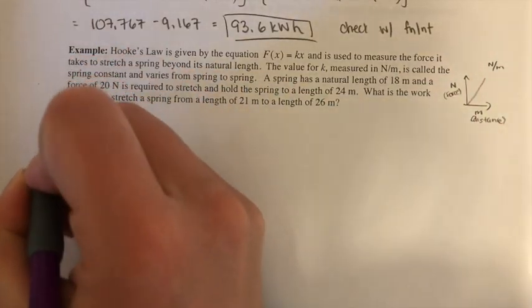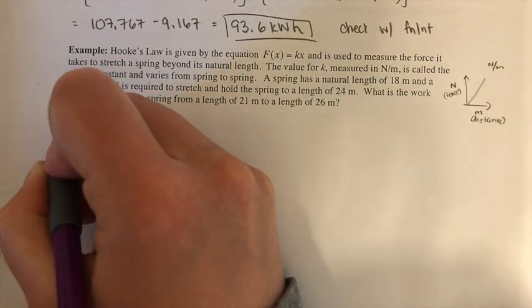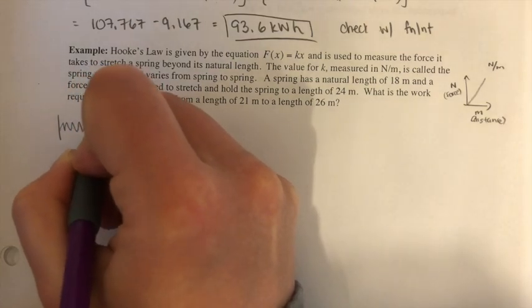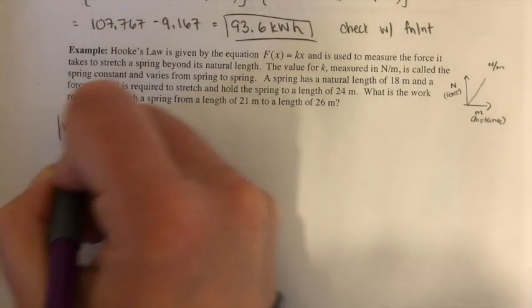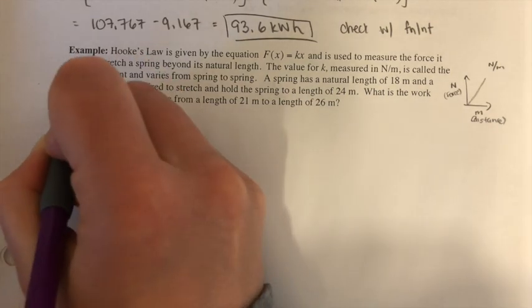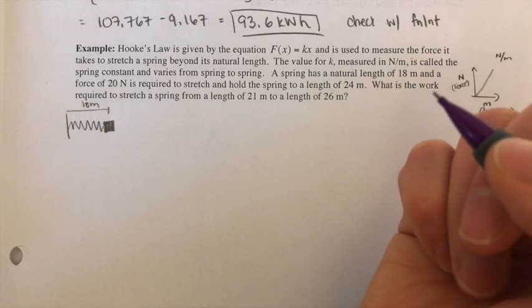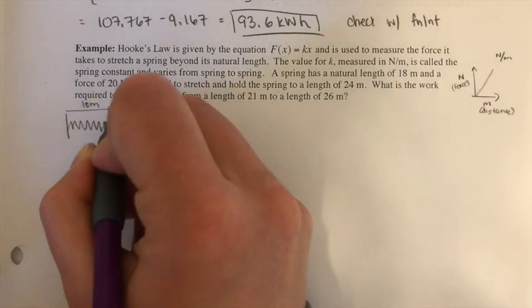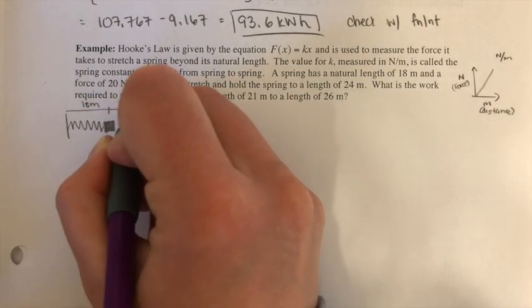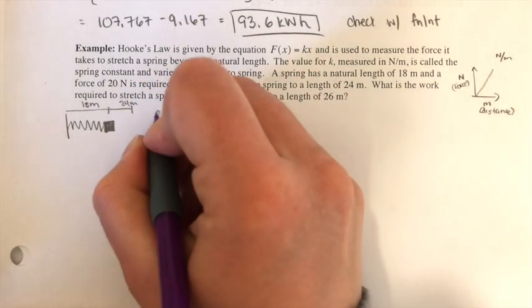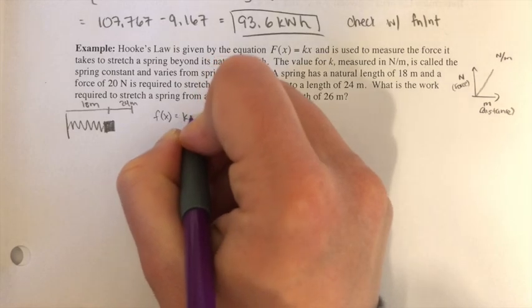Okay, so let's think about this. We're going to start with a spring with a natural length of 18 meters and there's some sort of mass on it. Okay. So that is 18 meters. Then we need to get that out to 24 meters. So F at x is equal to kx.